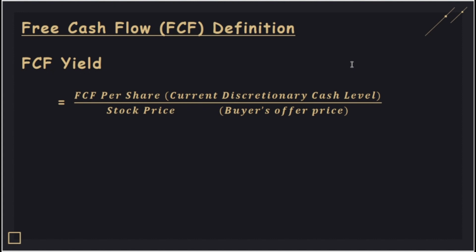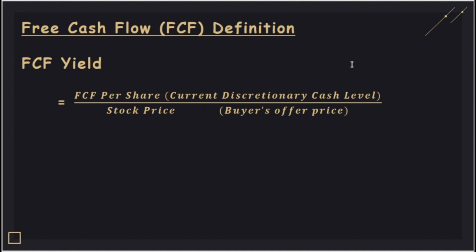Intuitively, for two companies that are running similar business models, their free cash flow yield, which is the ratio between free cash flow per share and the stock price, should be comparable to each other. And formula-wise, free cash flow yield tells what offer price investors would like to provide per unit of discretionary cash generated by the company's business model.